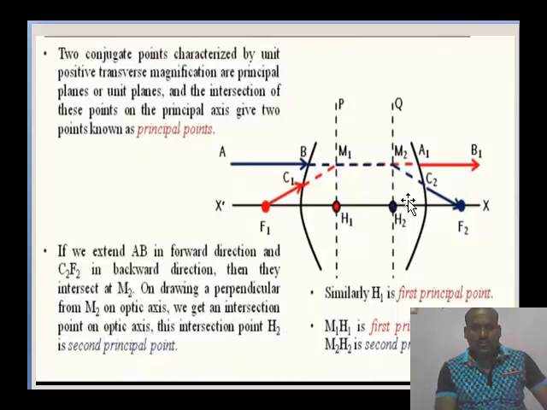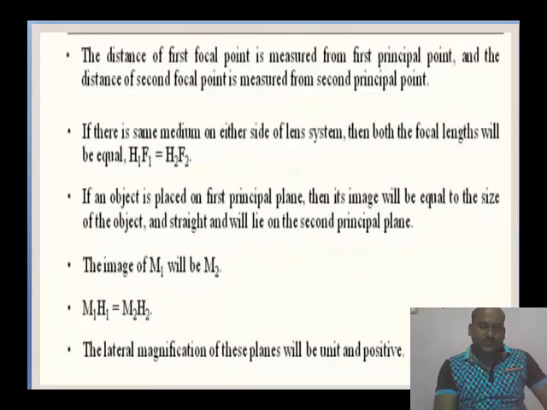The intersection point H2 is the second principal point. So same here also, as written here. Similarly, H1 is the first principal point, M1 H1 is the first principal plane, and M2 H2 is the second principal plane. Next, we will learn about these things.